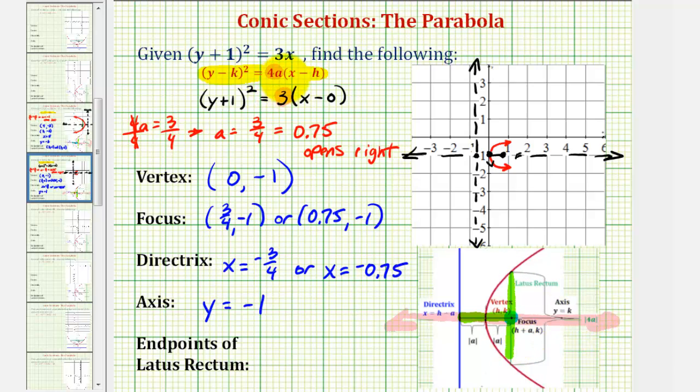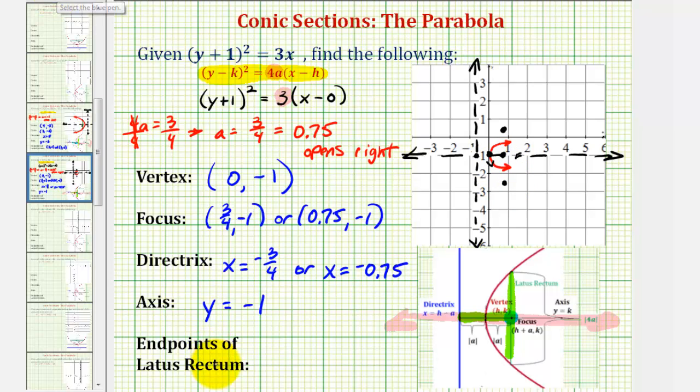Well, we know 4a is equal to 3. The absolute value of 3 is 3, so the latus rectum will have a length of 3 units. And since the focus is also the midpoint of the latus rectum, starting at the focus, we would have to go up 1.5 units to find one endpoint, and down 1.5 units from the focus to find the other endpoint.